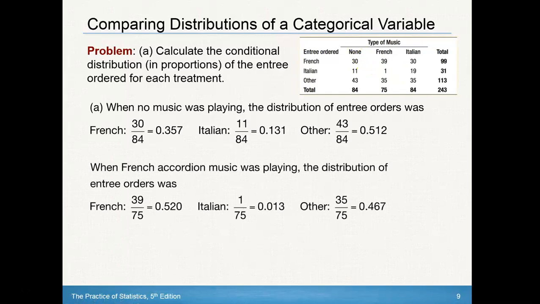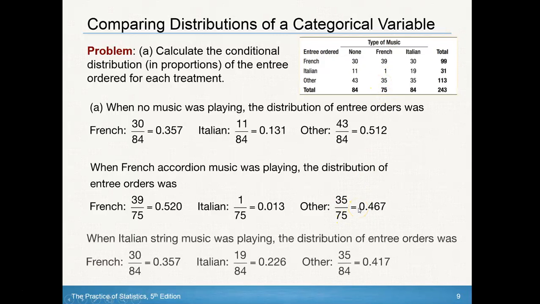How about French music? So when we say the conditional distribution, let's find the proportions of what it's going to be when they listen to French music. So the total here is 75. So 39 out of 75 ordered French, 1 out of 75 ordered Italian, and 3 out of 75 ordered other. Now, how about the last one?